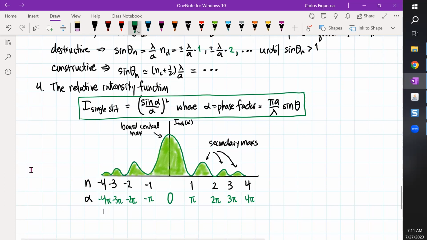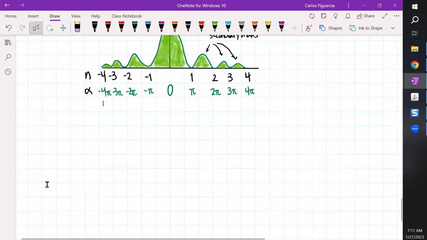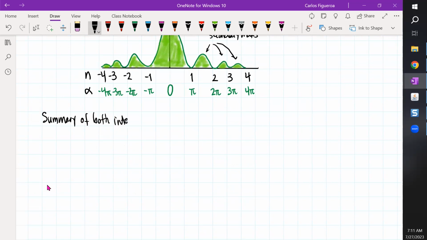So if I now set up a table to summarize all this information, I'm going to say that here's a summary of both interference and diffraction. So this is going to be a big table.